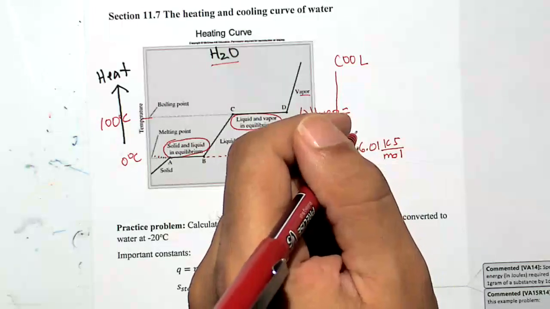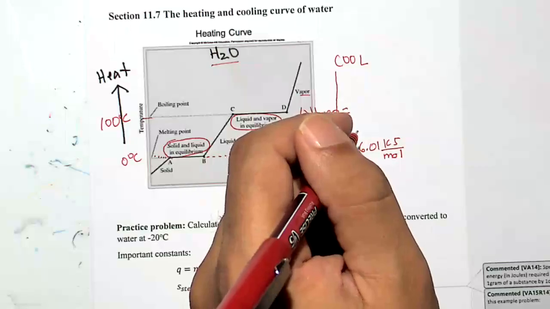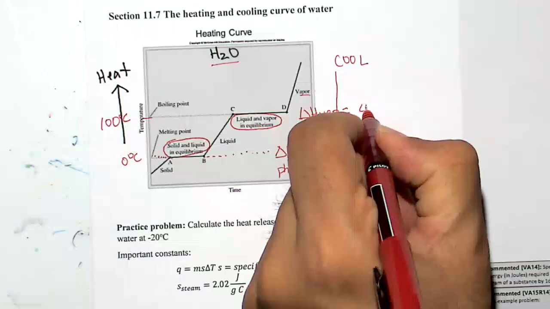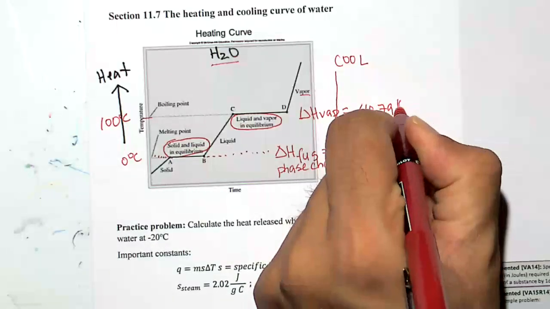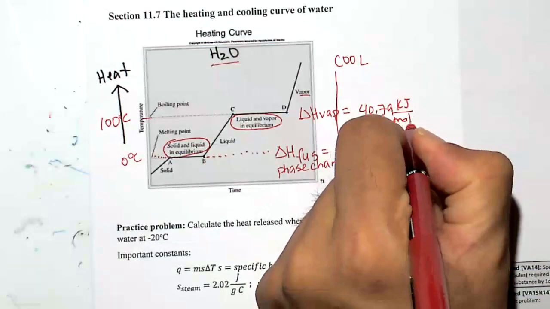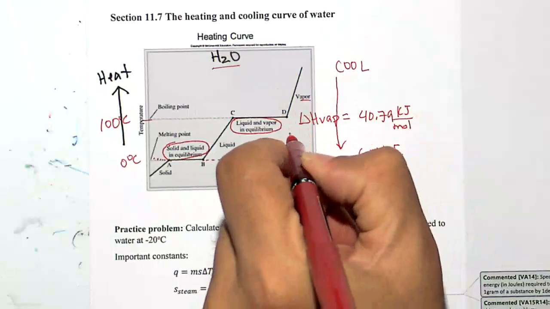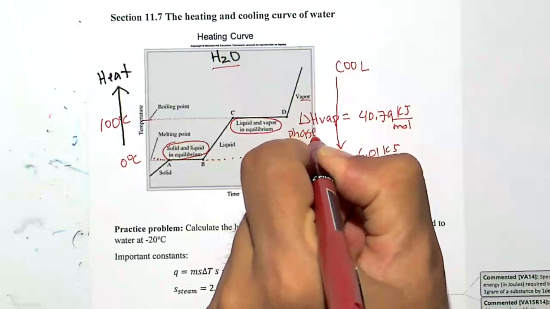This is to help it get into a vapor. And that number here is a number you do not need to know. I'll give it to you on the exam, but this number here is 40.79 kilojoules per mole. All right, so that's heating of water, or cooling of water. So we have two phase changes here.